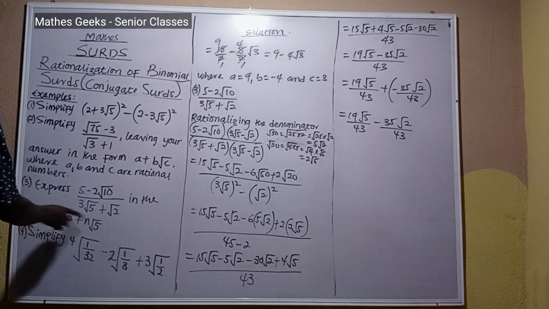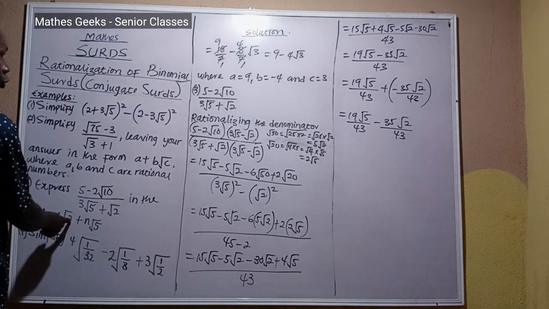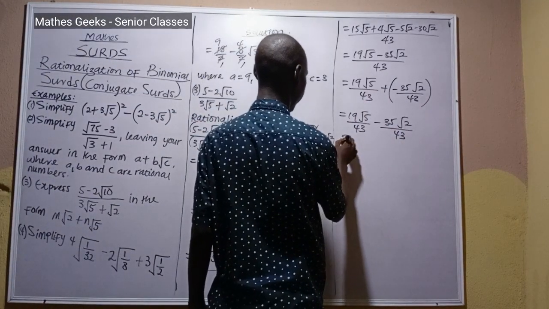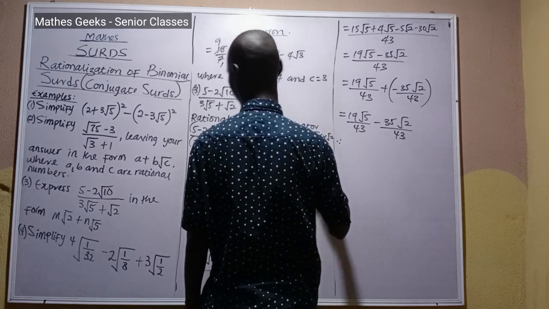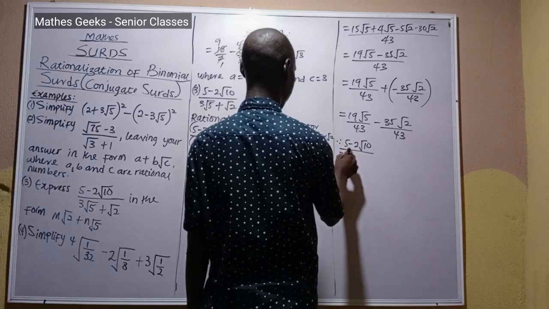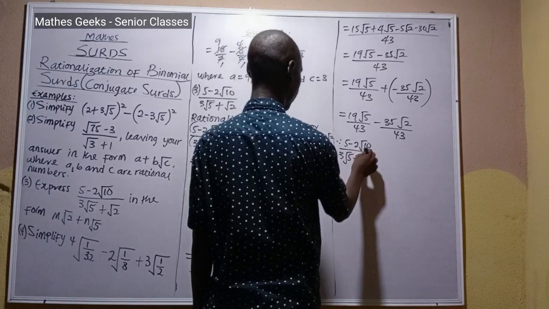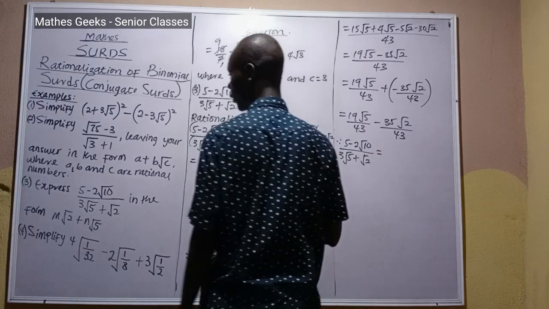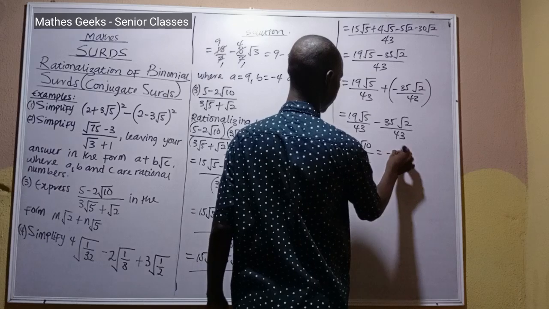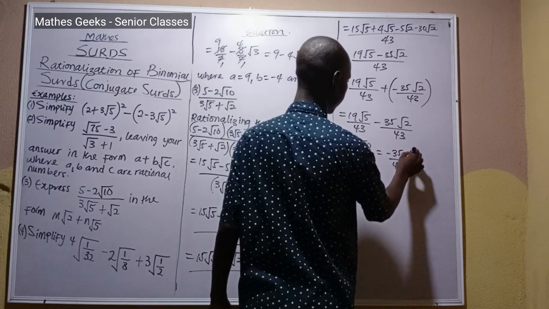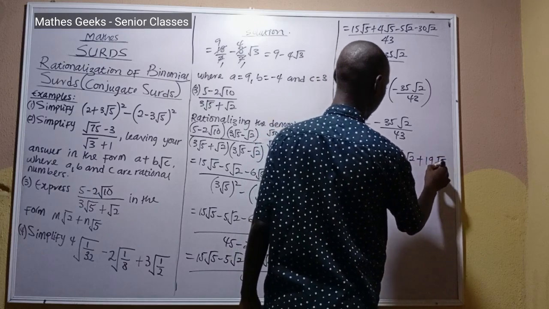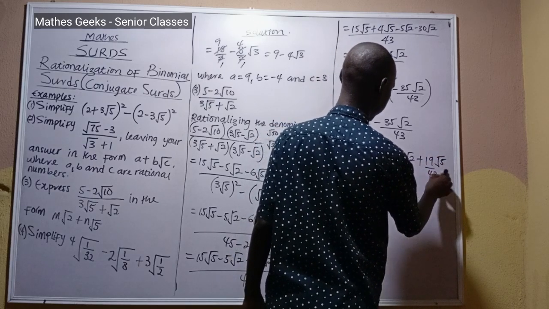So this is the exact solution. But we're told that the answer should be in the form m root 2, so the root 2 should come first, then plus n root 5. So this means we're going to change the order. So therefore, 5 minus 2 root 10 over 3 root 5 plus root 2 is equal to, since m root 2 should come first, minus 35 over 43 root 2 plus 19 root 5 over 43.